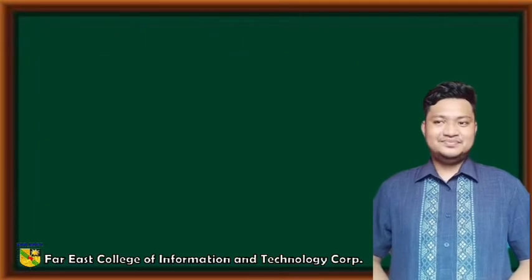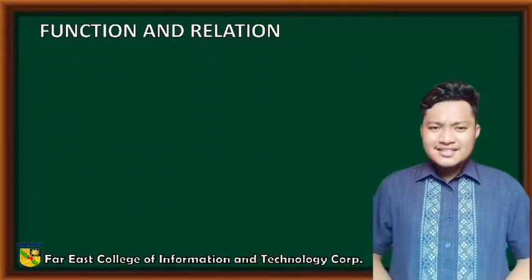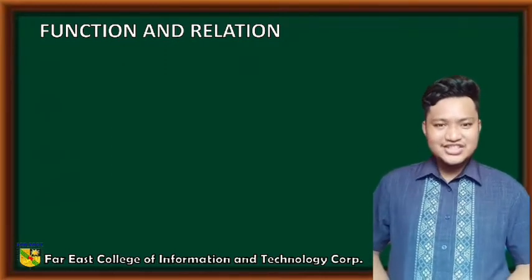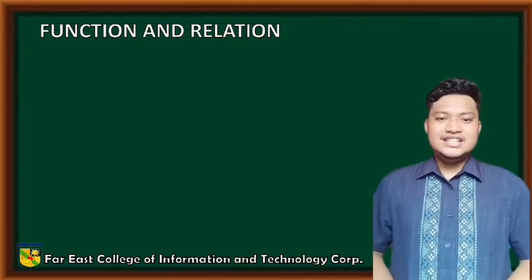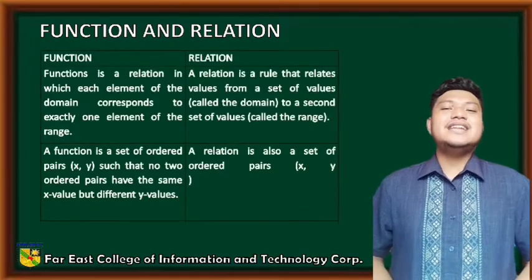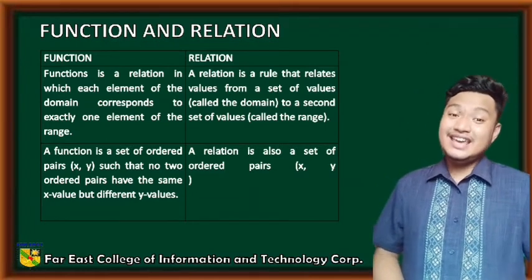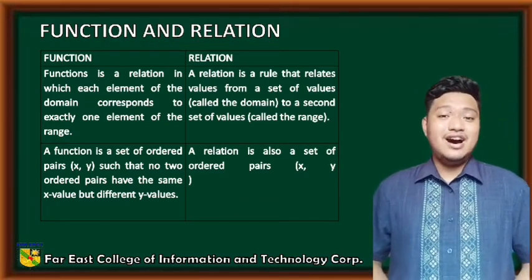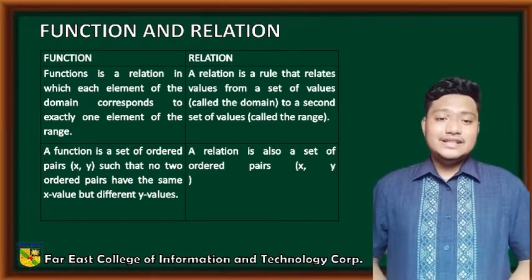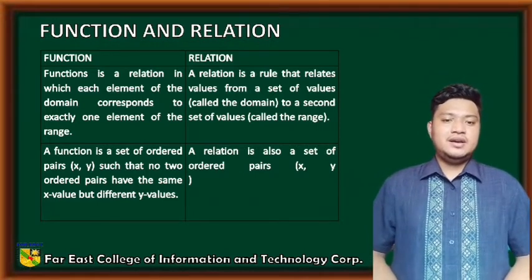Next, function and relation. What is the difference between function and relation? Let's see on this table. When you say function, each element of the domain corresponds to exactly one element of the range.